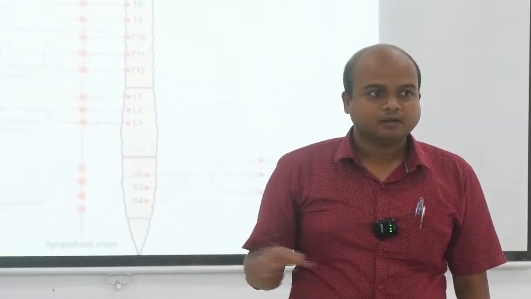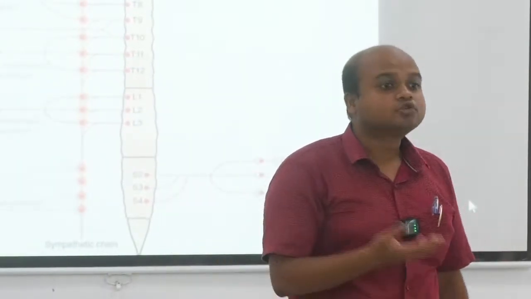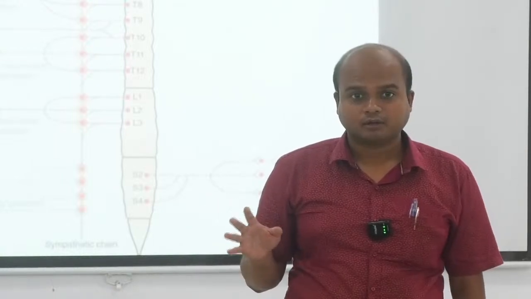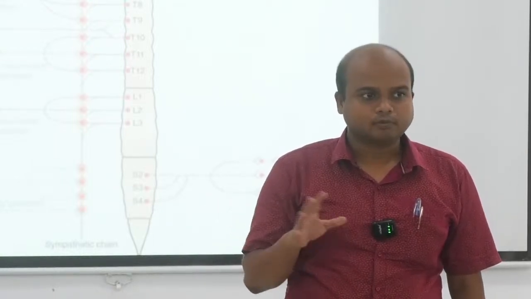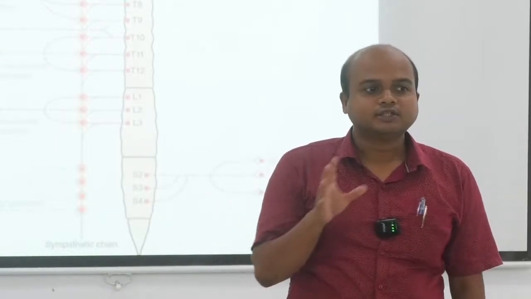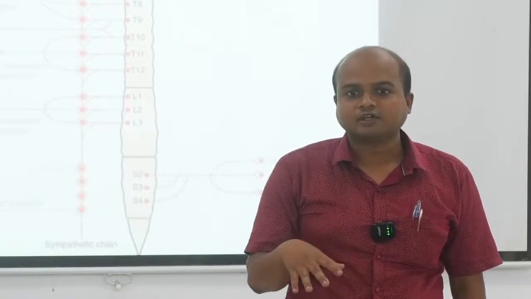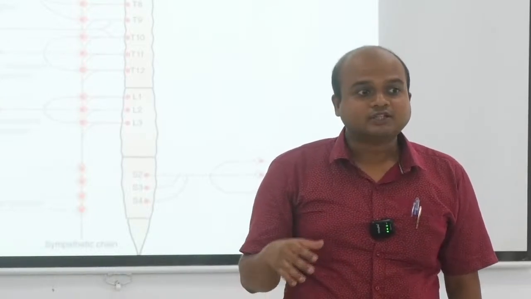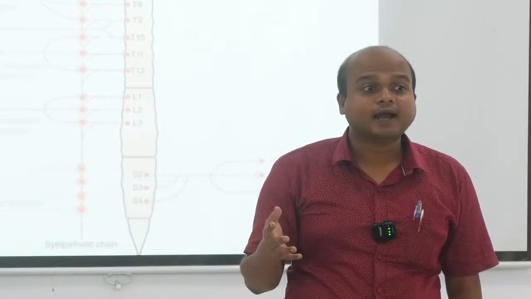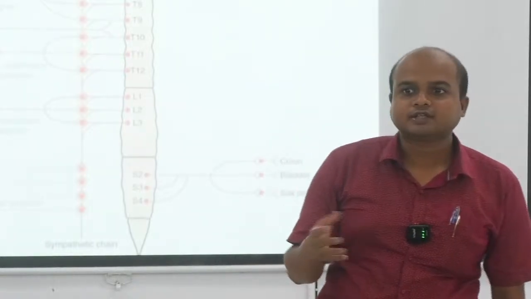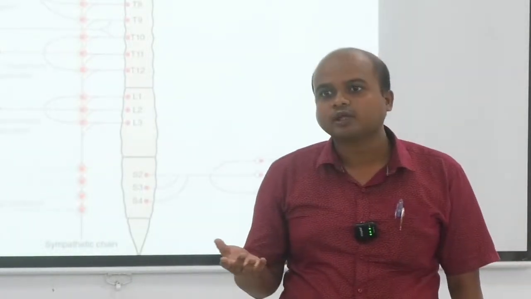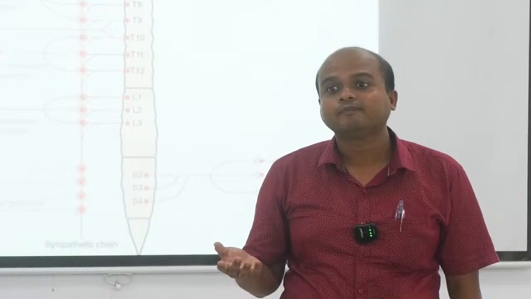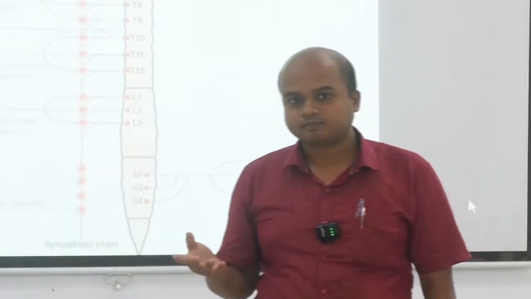What is happening? There is a disease called multiple system atrophy. It is one disease which involves not only the autonomic nervous system, but also features of Parkinsonism and cerebellar ataxia. You test cerebellar ataxia with the help of which test? Clinically, Romberg's test.